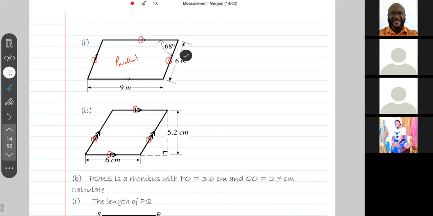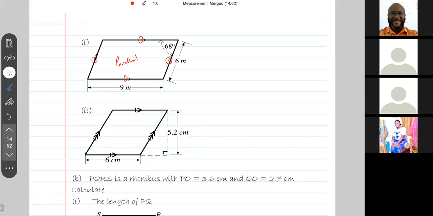And the single stroke and the single stroke here tell me that those two sides are equal. So the top shape is a parallelogram, whereas the bottom shape is a rhombus. Guys, I'm going to calculate the area of the bottom one, and I want you to calculate the area of the top one.